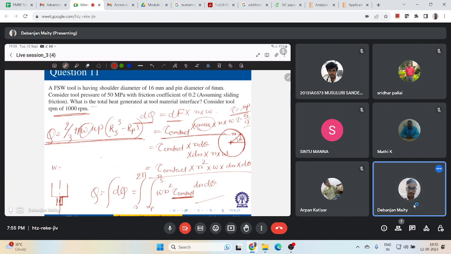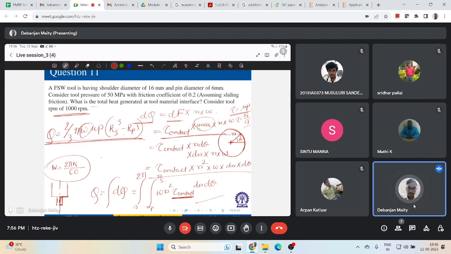Are you familiar with this? Omega equal to 2 pi N by 60? Yes, sir. This is the angular velocity. Omega equal to 2 pi N by 60. So I'm not getting into finding out the value.